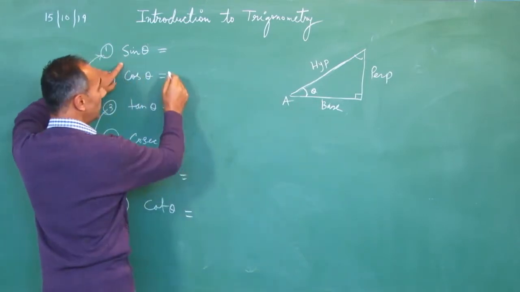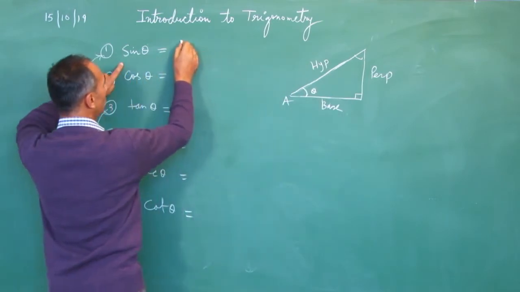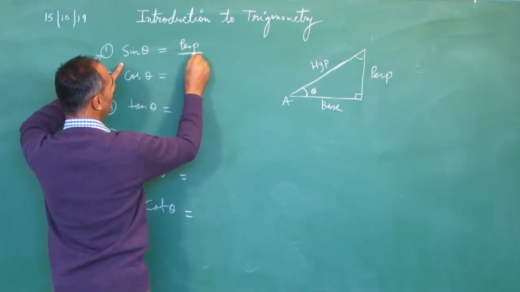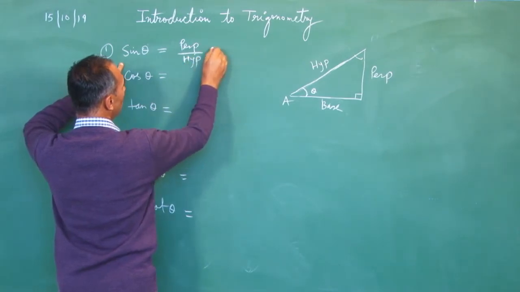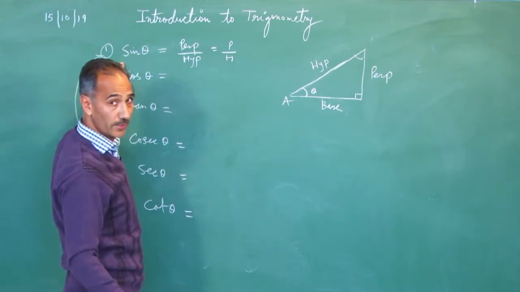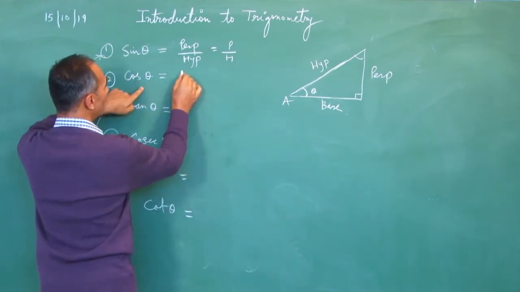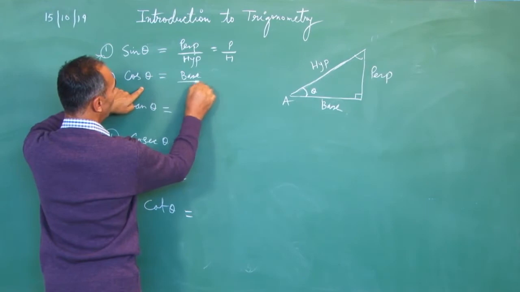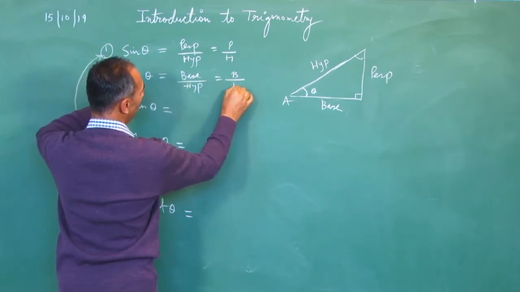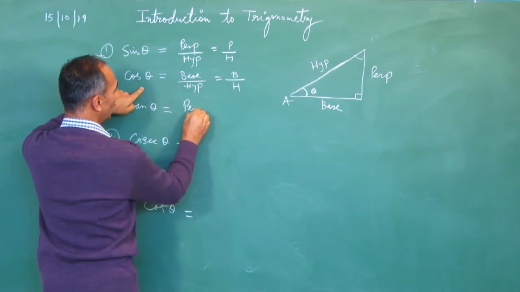Now sine theta is perpendicular by hypotenuse, in short, P by H. I will teach you a way how to remember it. Cos is base by hypotenuse, in short, B by H. And tan is perpendicular by base.